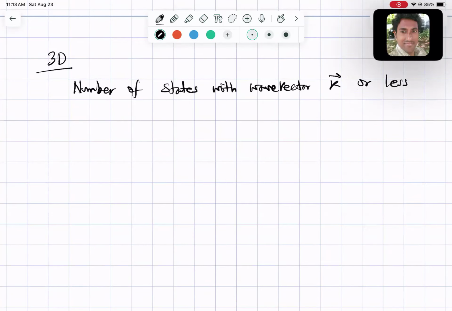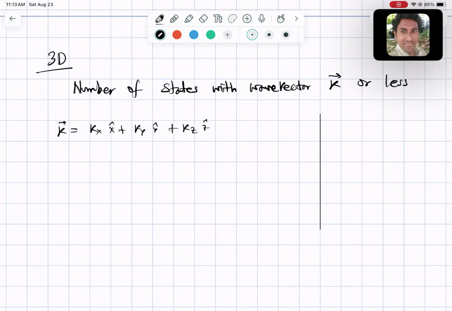How can we actually draw this? So k is kx x hat plus ky y hat plus kz z hat, right?